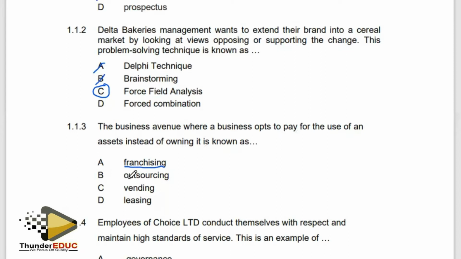The fashion, the ingredients, the make, everything must be similar to that of a franchisor. This one is not that.